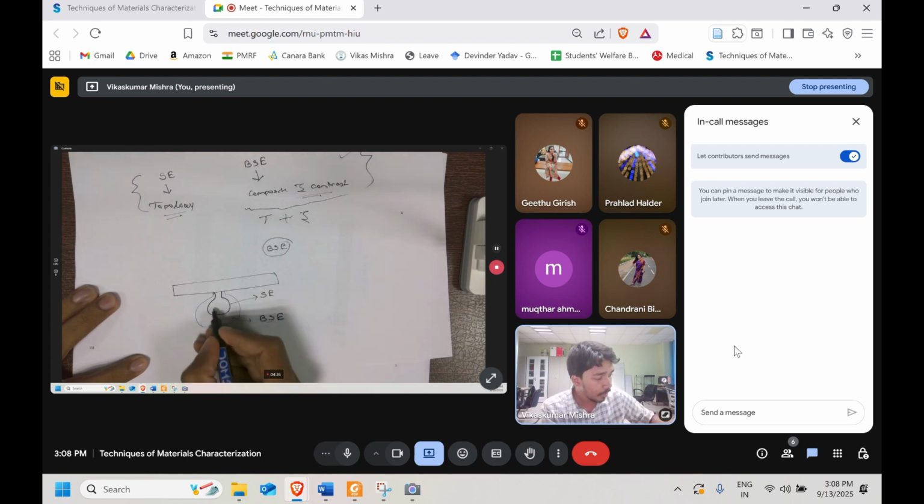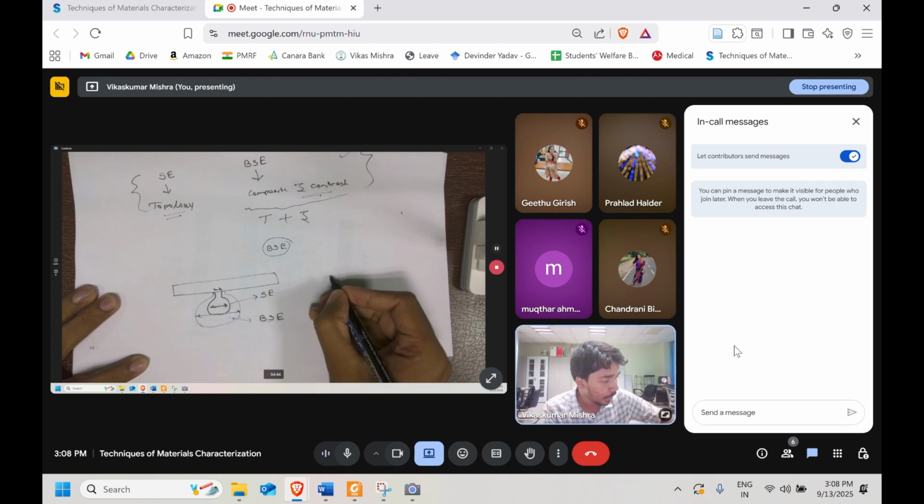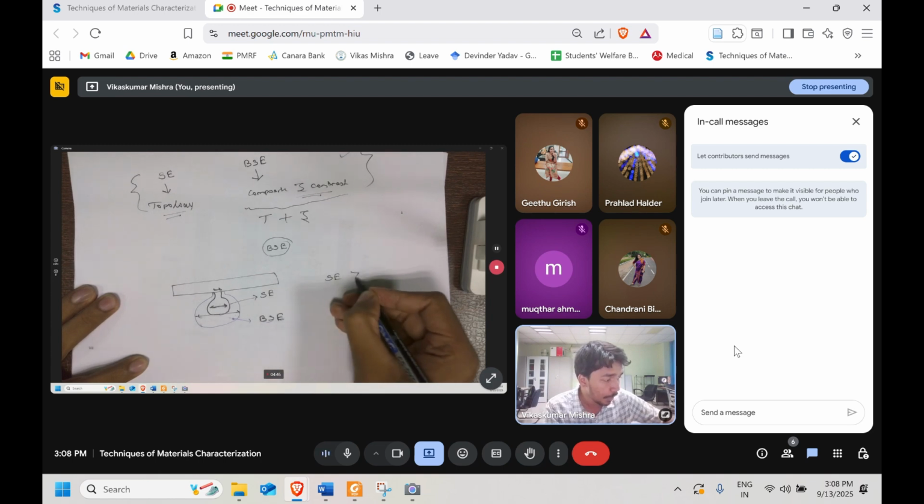Now you can see the spatial resolution. Your probe size is this much. Your spatial resolution is better in which case? It's better in the SE compared to the BSE.